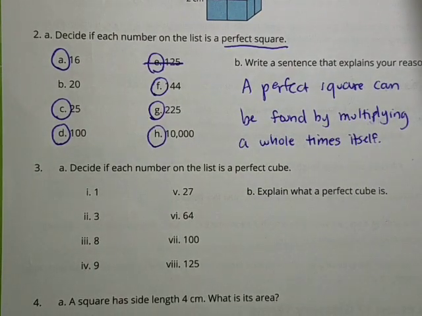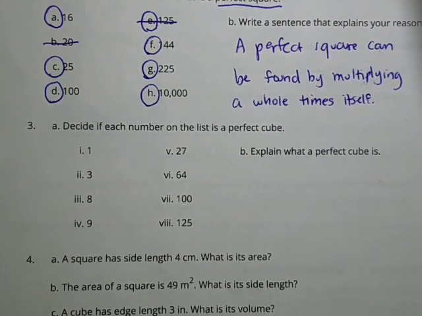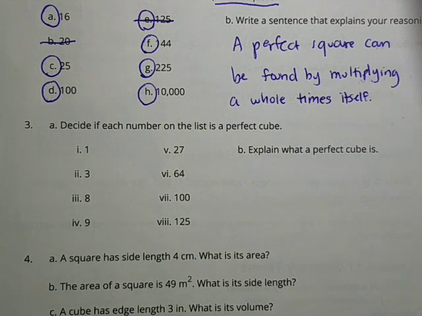All right. So not B or E. So those are not perfect squares. Number 3, decide if each number on the list is a perfect cube. So all of the answers are correct except for B, D, and G.